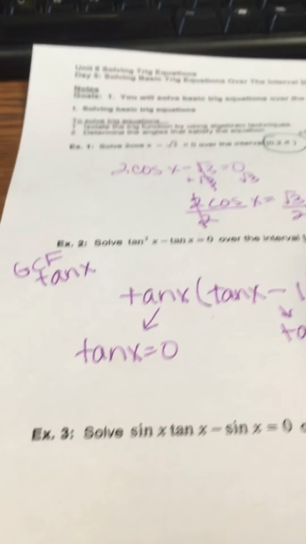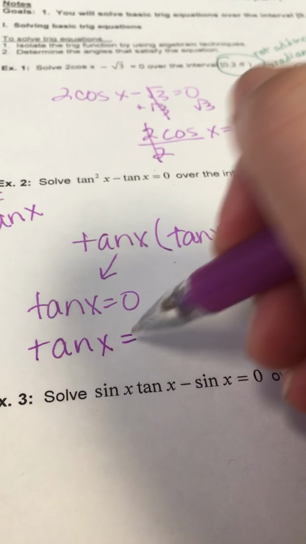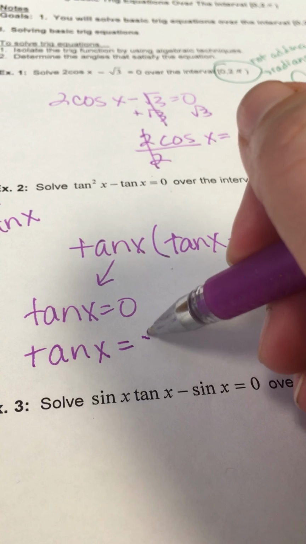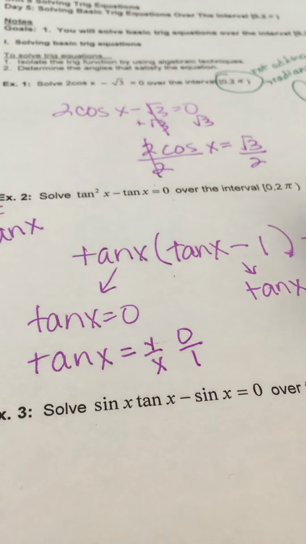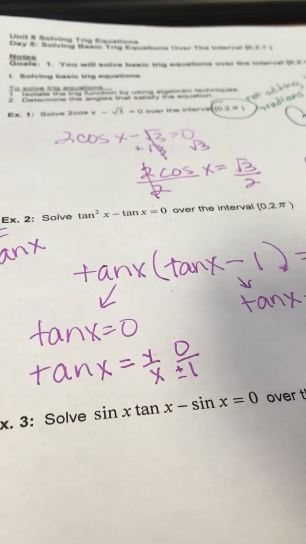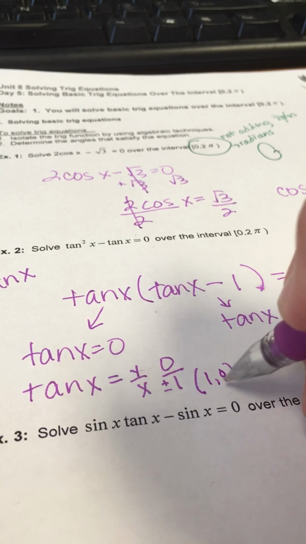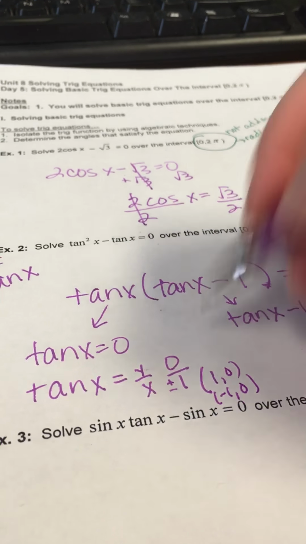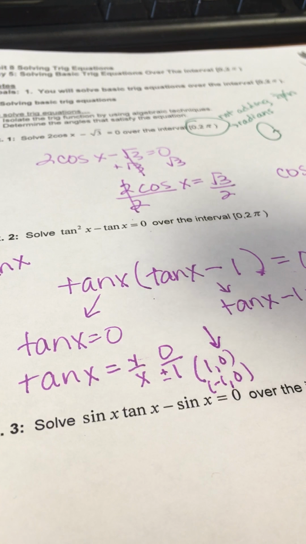So remember, tangent is again that little bit of a tricky one where you have to think of the y and the x value. So it's y over x, and I have 0, so it means 0 over 1. So, or it could be plus or minus 1. So I'm either looking for 1, 0 or negative 1, 0. Specifically looking though for that 0 to be in the y value coordinates.